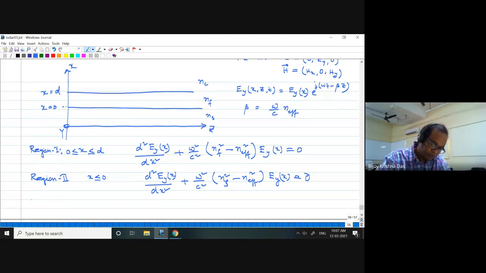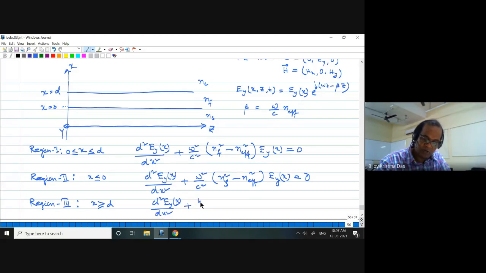Okay, and yeah, so now let me write region 3, x greater than or equal to d. So we can write d2Ey(x) by dx2 plus omega square by c square times nc square minus n effective square, Ey(x) equal to 0.